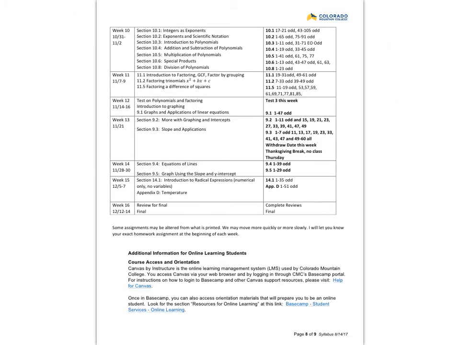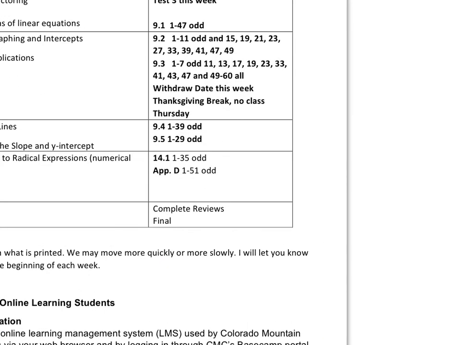Okay, here's the rest of this. What we know is that the final has to be done and turned in by the 14th or 15th. So by the 15th is when you have to have everything done. This is due by 12/15.